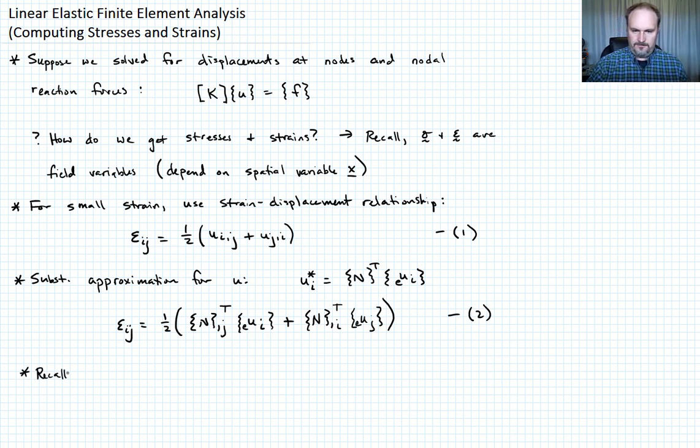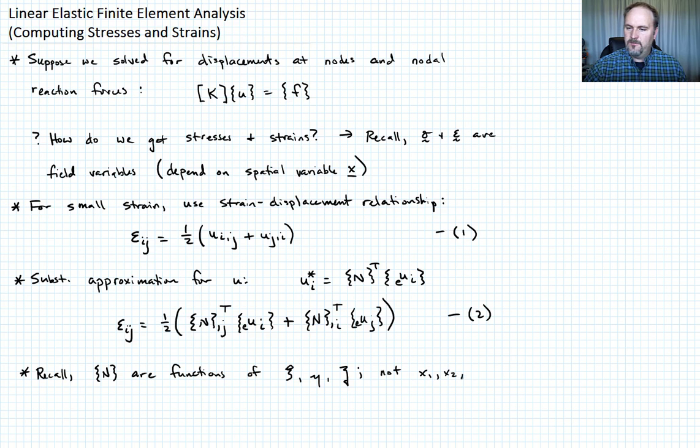Recall the interpolation functions N are going to be functions of xi, eta, and zeta, not x1, x2, and x3. So what that means is that we need to use the mapping that we developed previously.